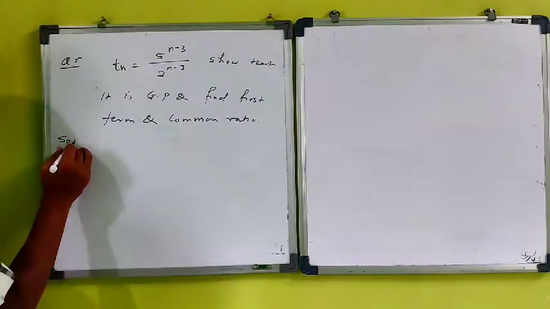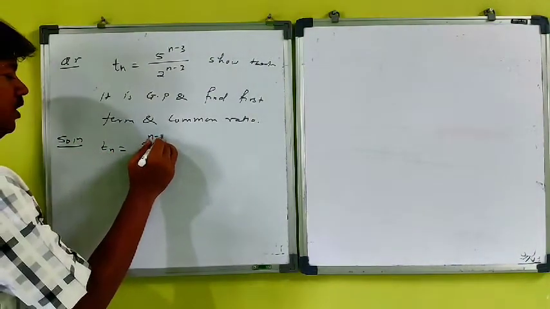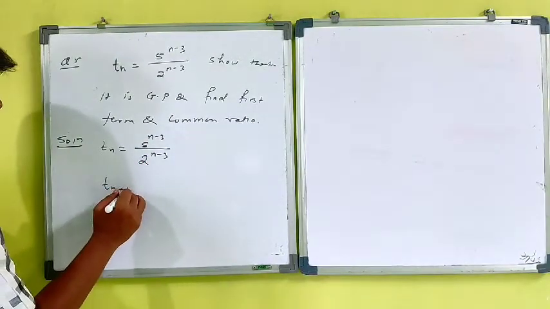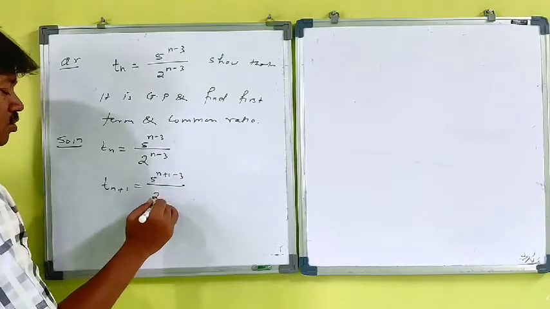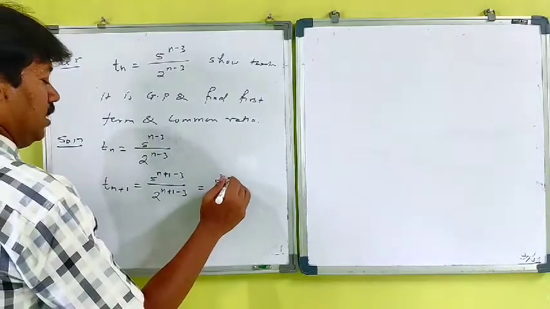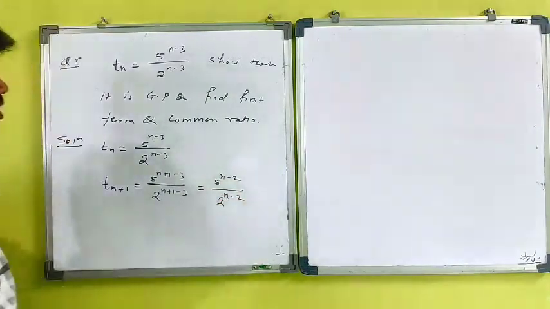So your solution: Tn is already given to you, that is 5 raised to n minus 3 upon 2 raised to n minus 3. So Tn plus 1 will be what? 5 raised to n plus 1 minus 3 upon 2 raised to n plus 1 minus 3. So it is 5 raised to n minus 2 upon 2 raised to n minus 2.